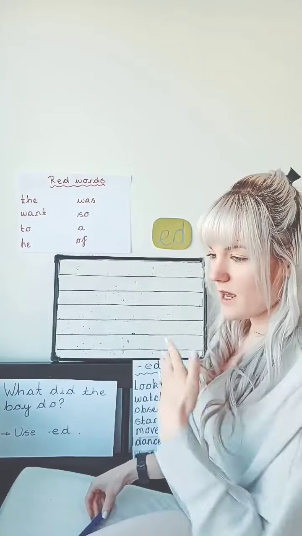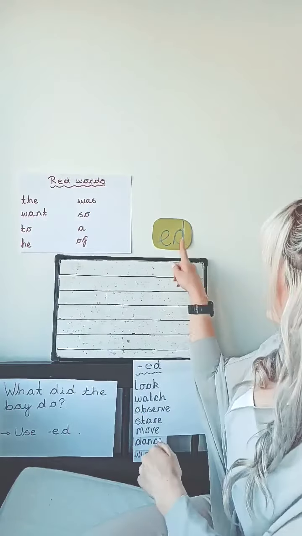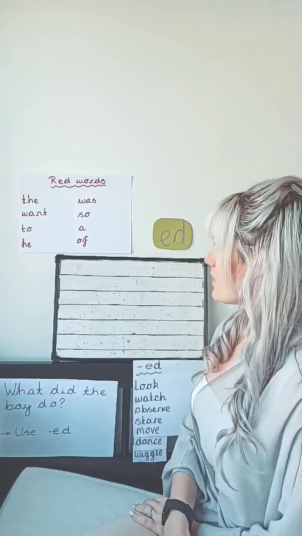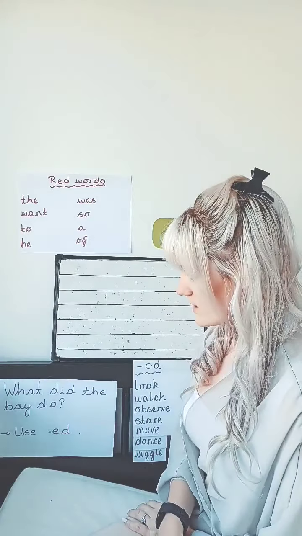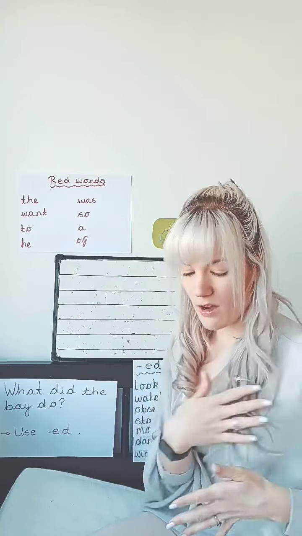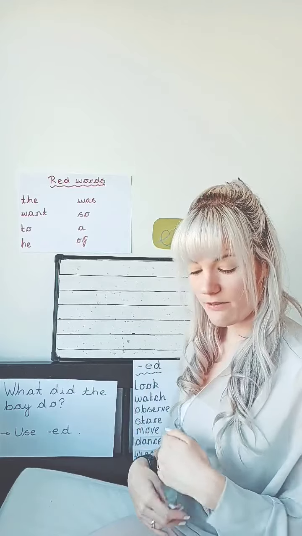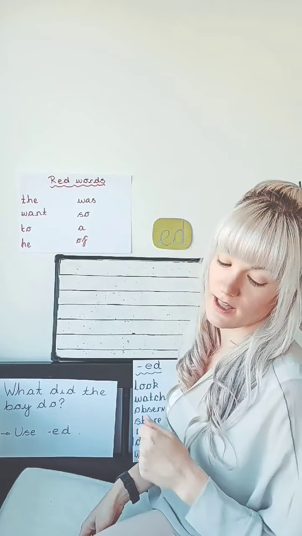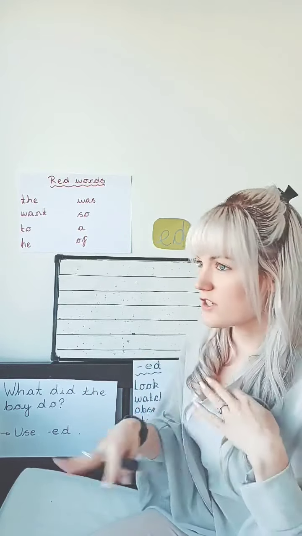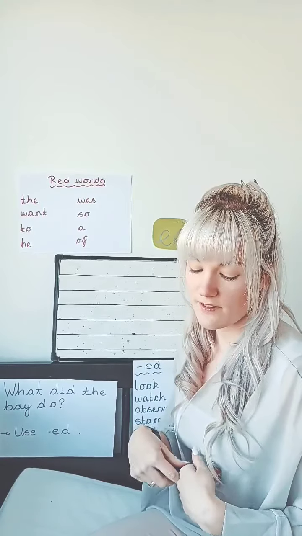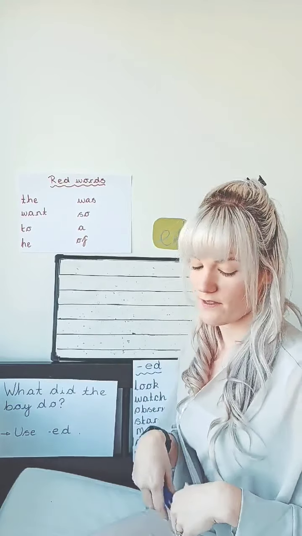Now, I need to come up with my sentence. I remember that I need to use ed in my sentence. So I need to have a little think. Now I know, looking back from the story that we just watched, that the young boy was searching around the beach and he wanted to find lots and lots of different things at the beach.